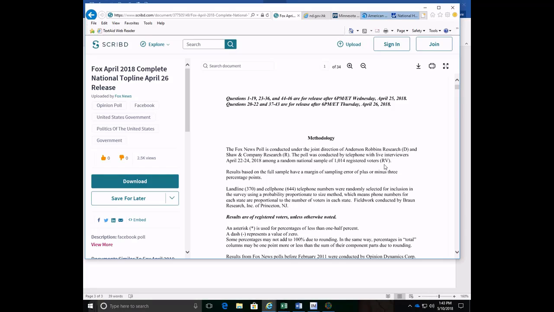So I know that my sample is 1,014 registered voters. That's who actually responded to this questionnaire. And what would be my population? Well, if my sample's registered voters, my population would be all registered voters. Okay, not just the ones they ask, but all registered voters.